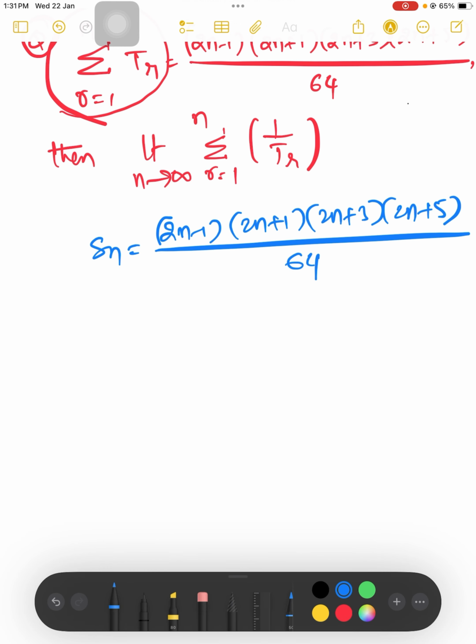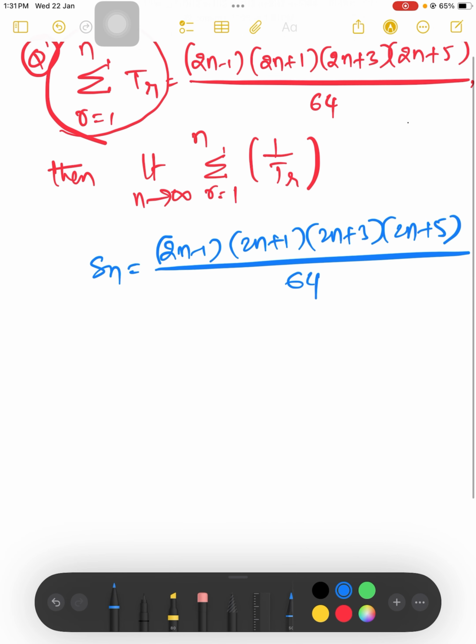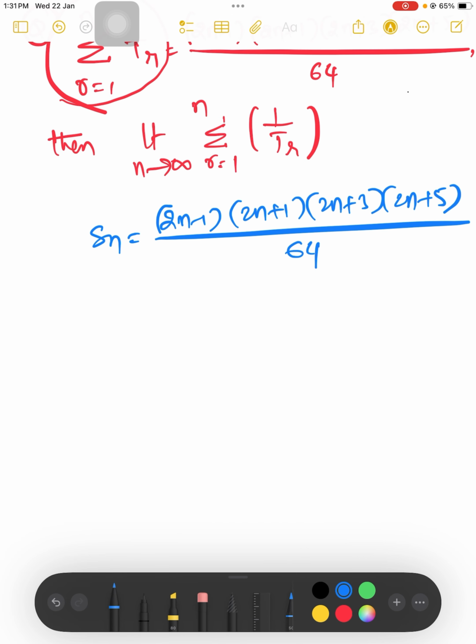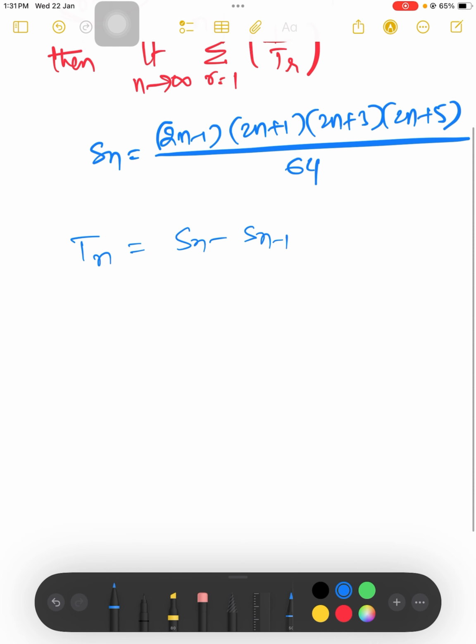Now we want 1 by Tr. From this we know that Tn is nothing but Sn minus Sn minus 1.